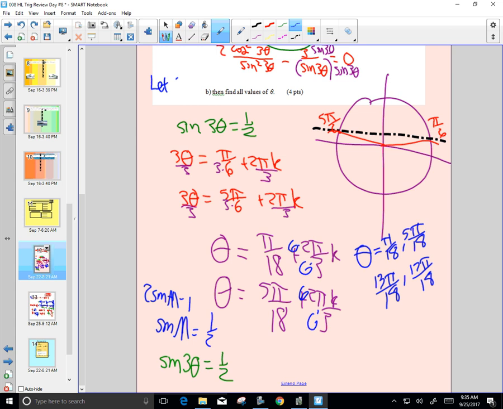So let's see, 24 plus 1 is 25 pi over 18. And then 24 plus 5 is 29 pi over 18. By the way, what's 18 times 2? Is 29 less than 36? So did I keep that between 0 and 2 pi?